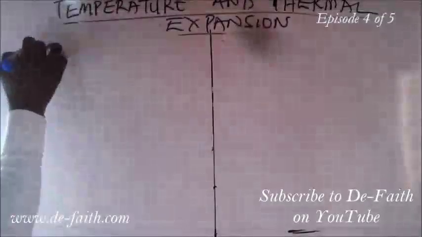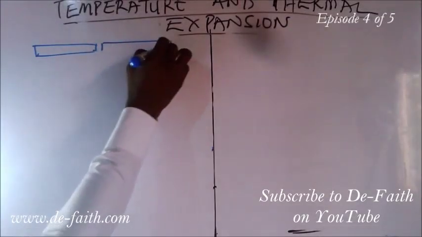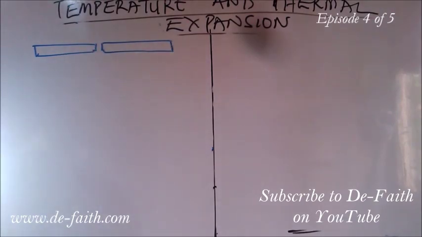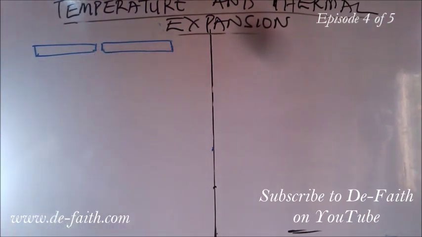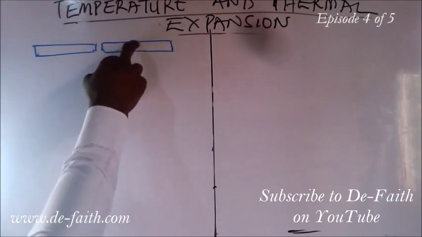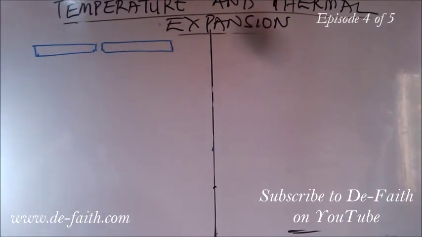Here we have two metals laid end to end, and like we said in the application of linear expansivity, in making a rail it's good to have space, because during the hot period the metal tends to expand, and so the space is for expansion of the rod.